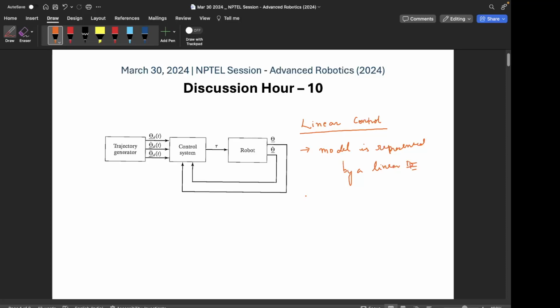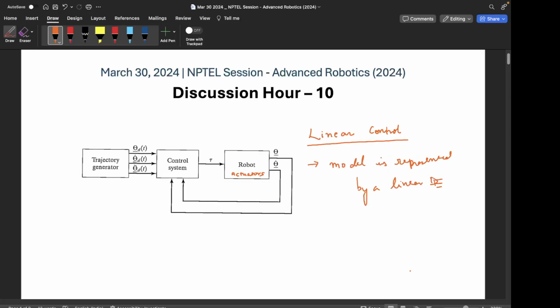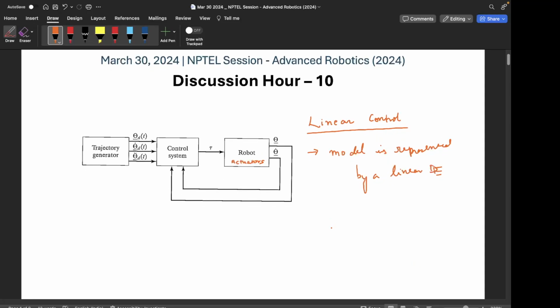So in this figure, what you see is that the robot has the actuators. We want those actuators to follow a certain trajectory. Let's say if we have the manipulator, we want to move it from point A to point B, and the joints will follow certain trajectories.